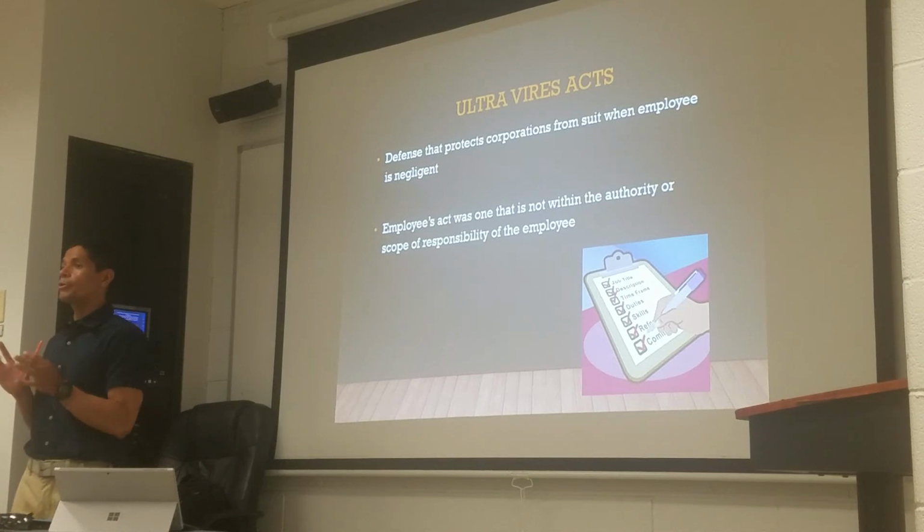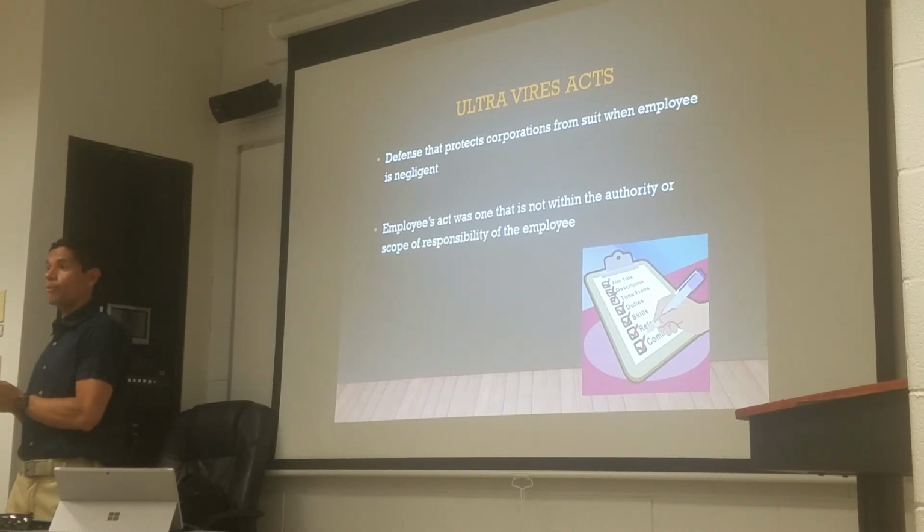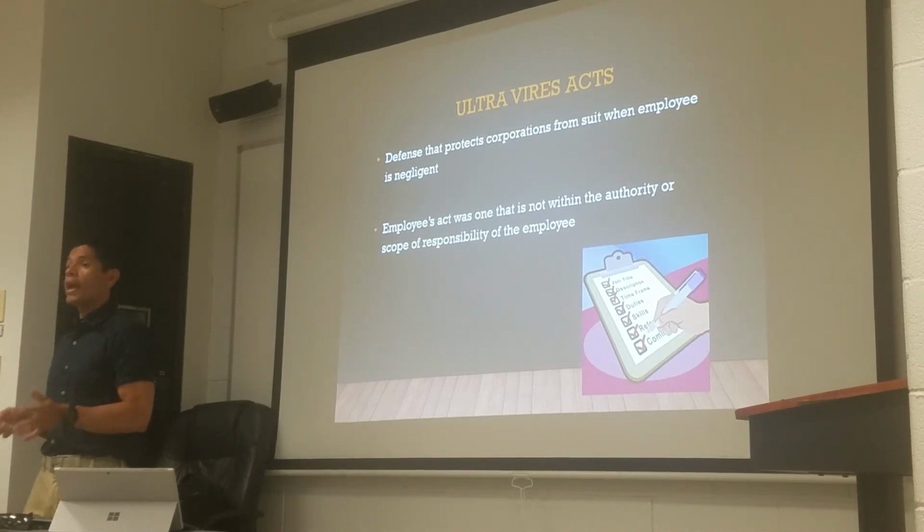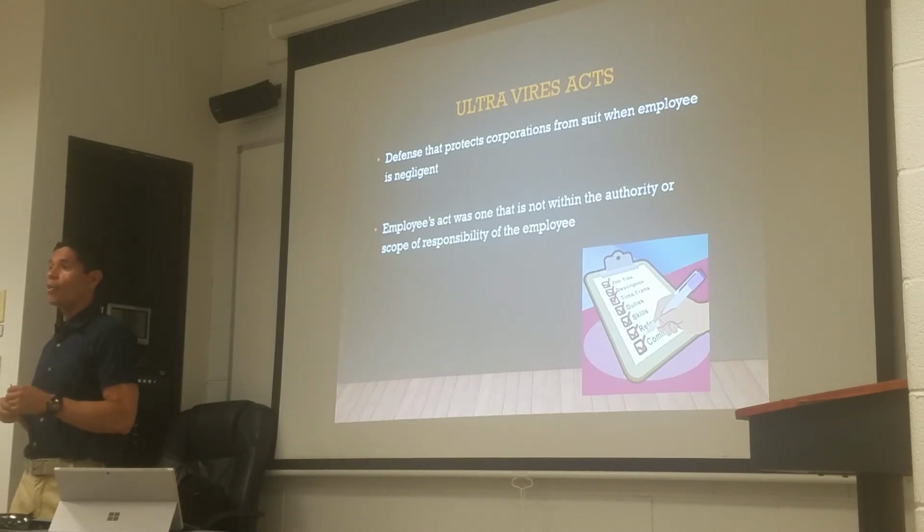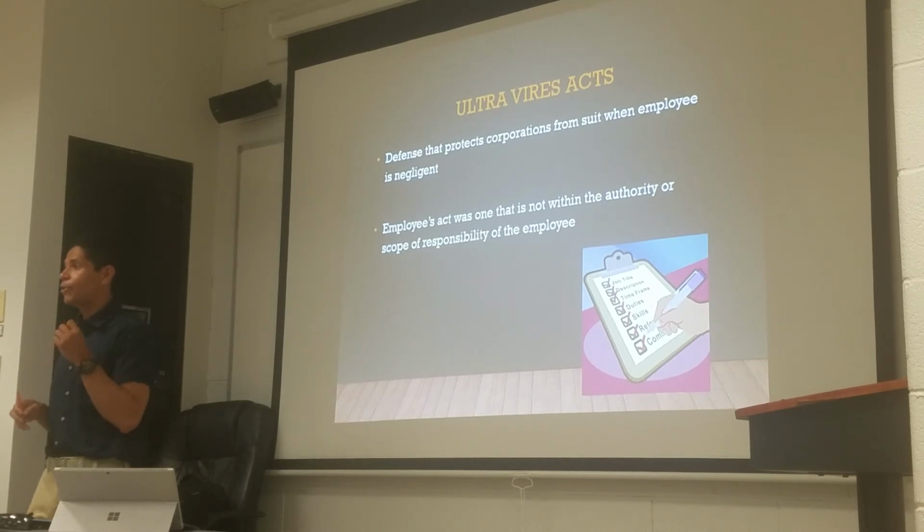And then we went through the first one, which is common law. And common law itself had three different ways in which you can mount a defense against negligence. Those three defenses under common law were which? Assumption of risk, immunity, Ultra Vires Act, right?